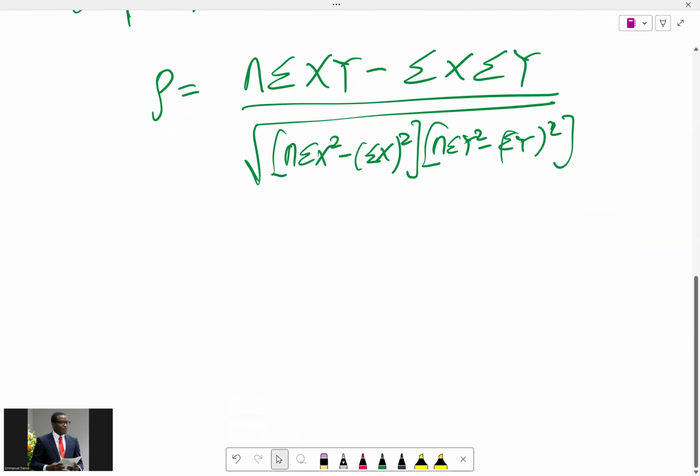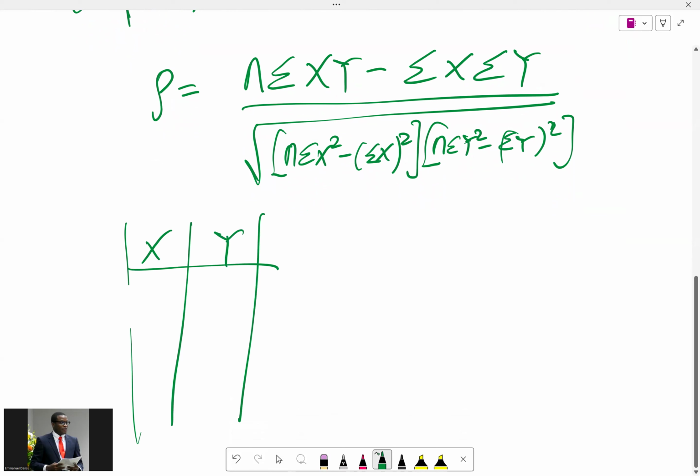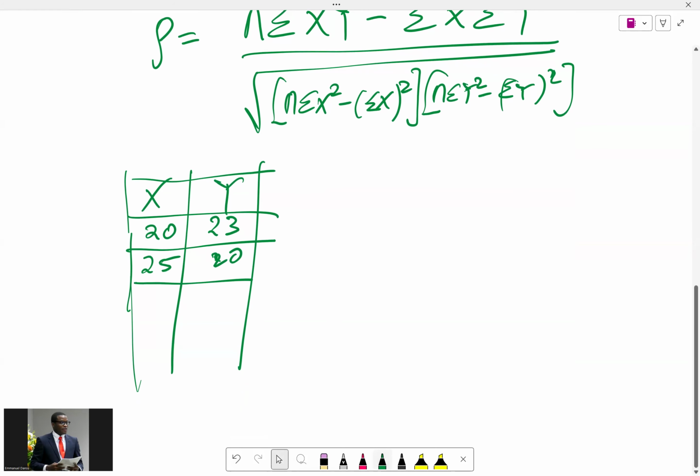So we have x and y. For the x and y's, we have 20, 23 for the first one. Then the next is 25, 20. Then next, we have 32, 32. Next, we have 55, 43. Next, 60, 59.